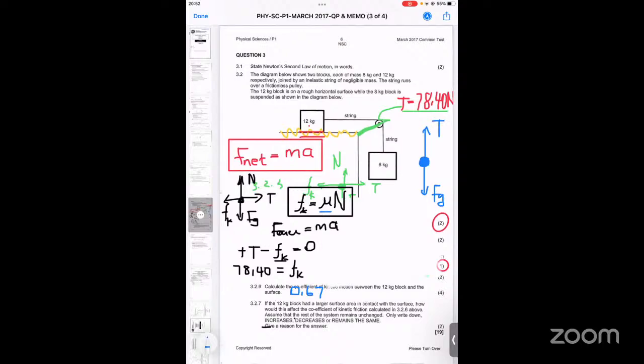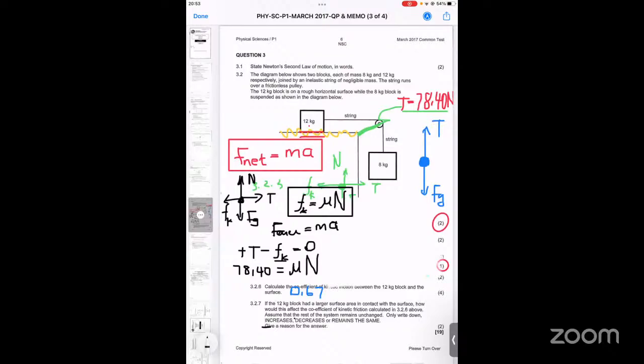That is the coefficient. We are actually looking for the mu. It makes sense now. So that is why this formula, we will then change that formula and write it as mu equals fk over N. Can you see there, Liseko?